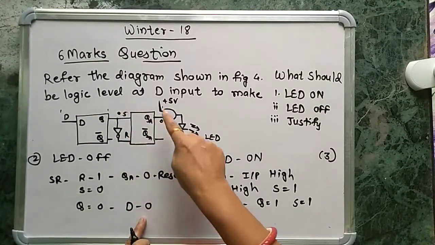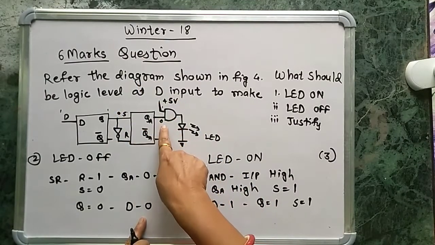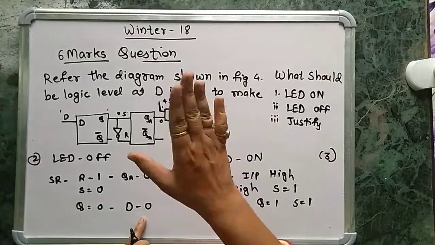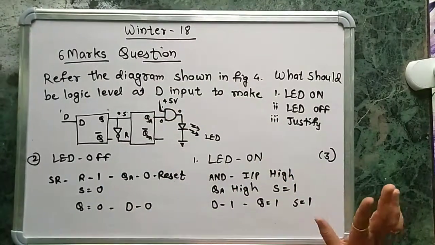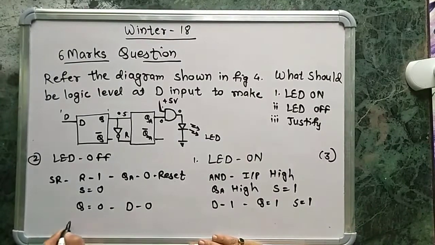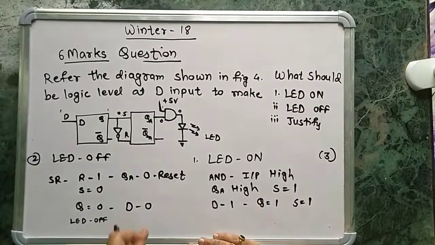If it is 0, QA, that is the reset condition, will be 0. If it is 0, this gate's output is 0. If its output is 0, this LED will not glow. LED off. Okay, you understand? Thank you.